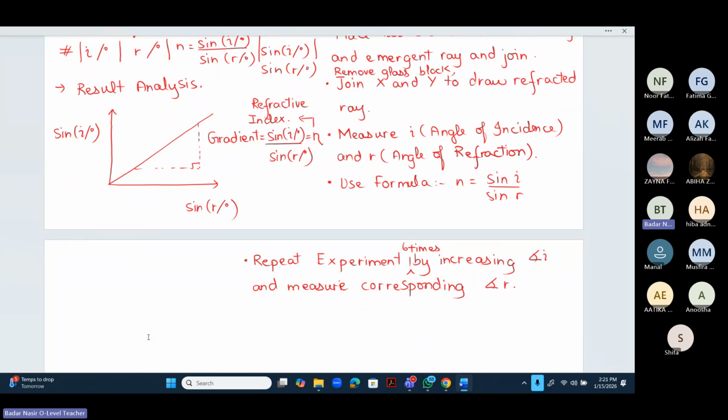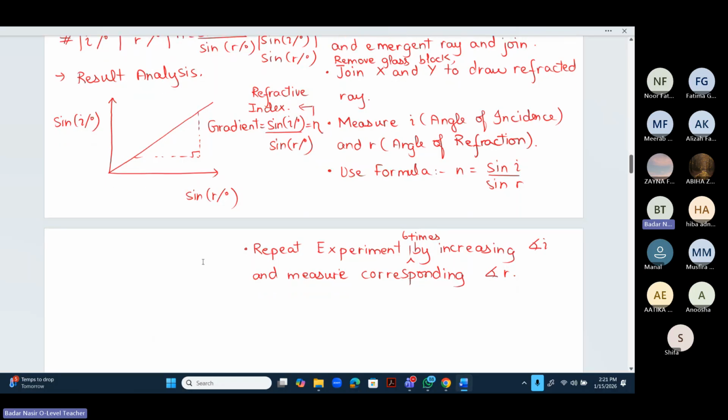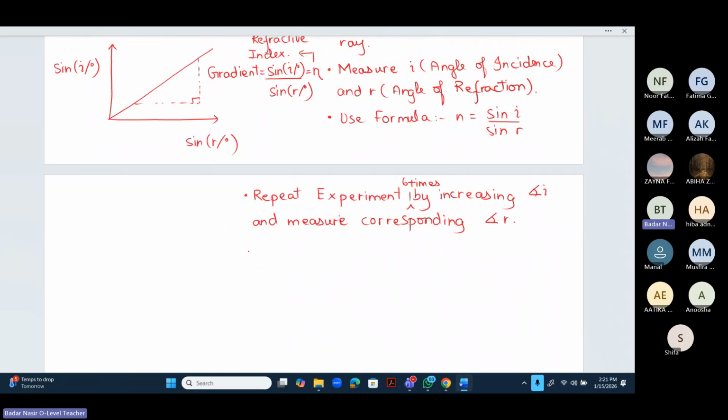Okay, so let's just move on to the next concept, that is about the critical angle and the total internal reflection. So I will write the last statement: plot a graph of sine angle of incidence on y-axis against sine angle of refraction on x-axis.